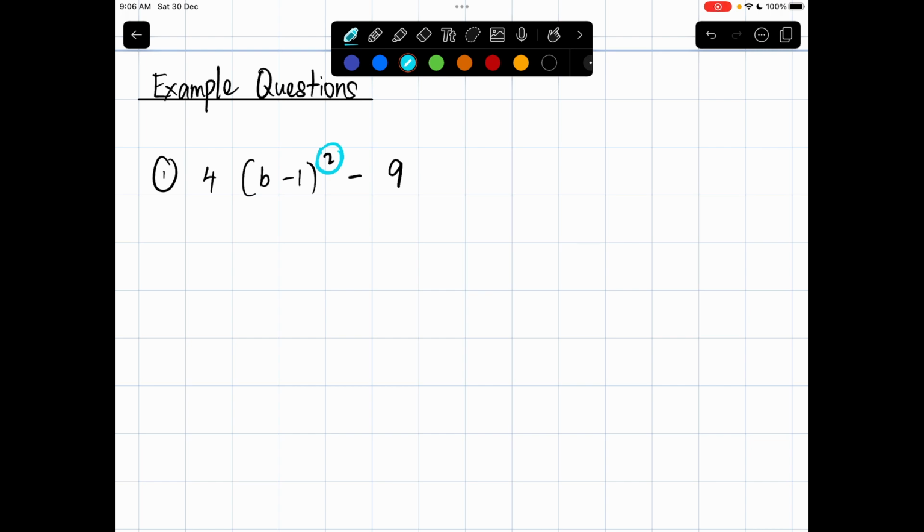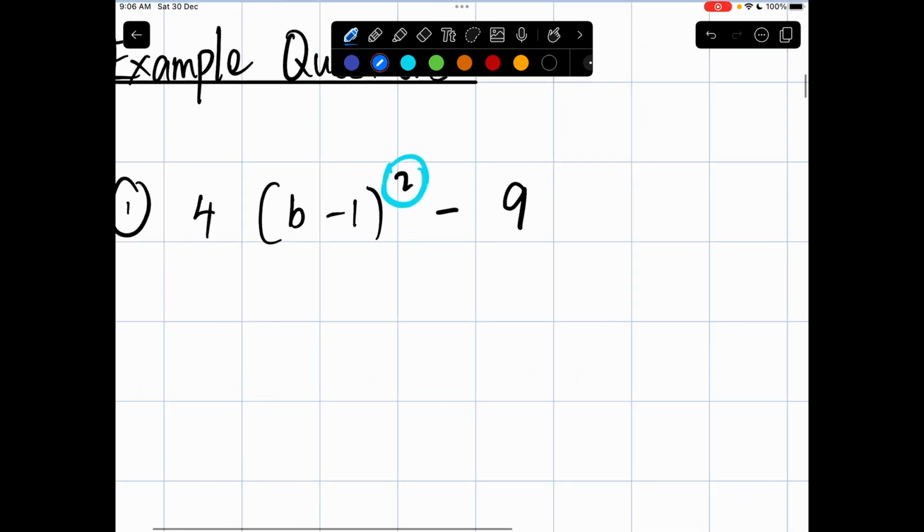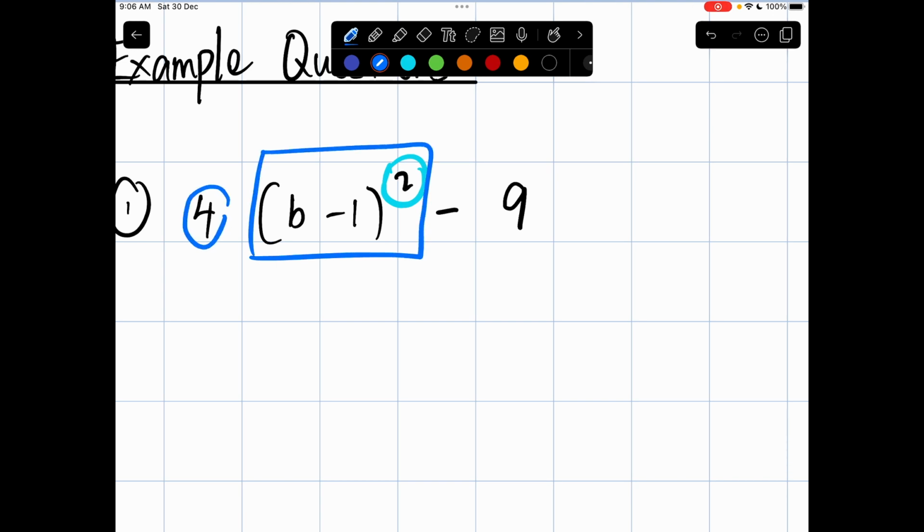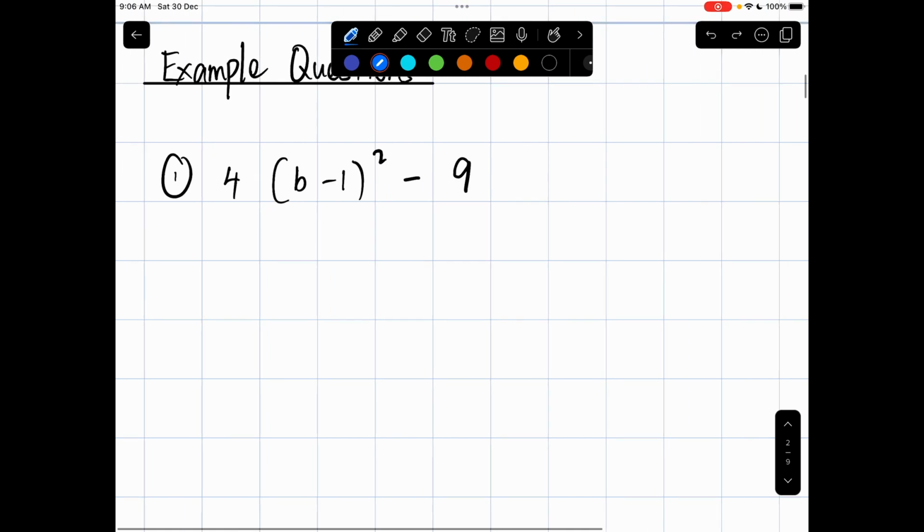So first thing here, this is the only thing that we can do something to, because you can't multiply a number directly with this, since this bracket itself is already in a squaring operation. So firstly, what you have to do is square the terms in the bracket.